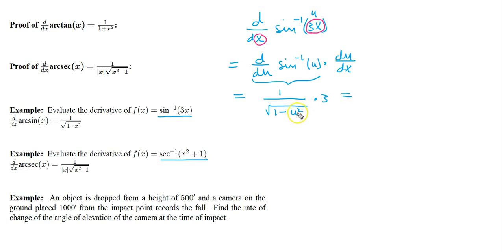And then substituting what u is back in here, u is 3x, so putting a 3x right in here, we get our answer. And there we go. So that's our derivative of the arc sine of 3x.